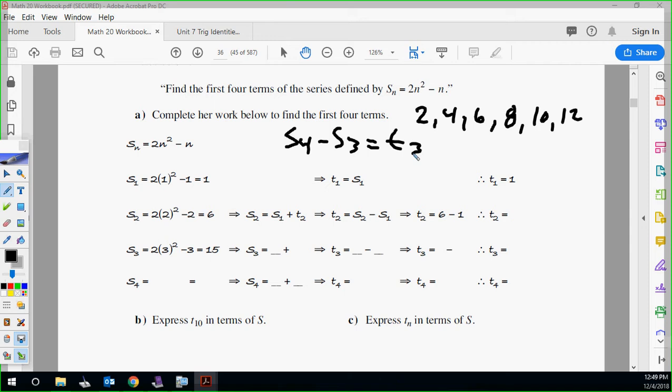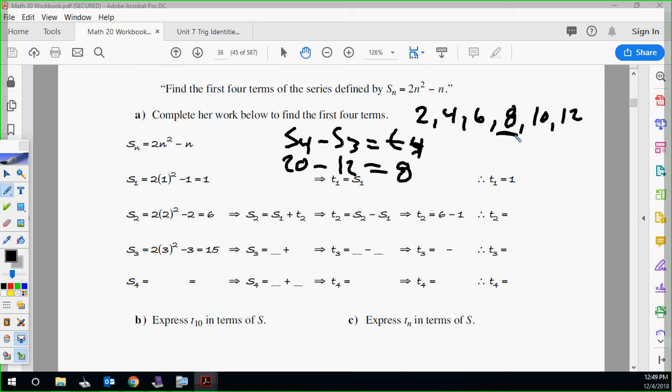So S of 4, we can just do this really quickly: 1, 2, 3, 4. That's 6, 12, 20 minus 2, 4, 6, that's 12. 20 minus 12 is 8. You get that term number.